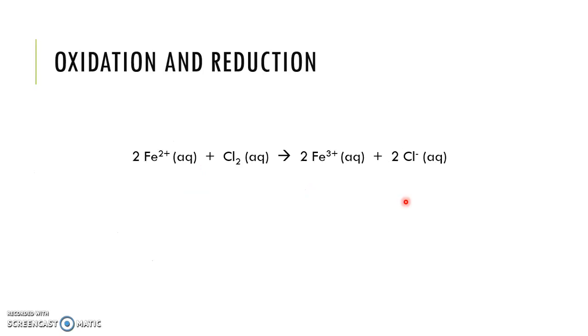This is another example to identify which substance has undergone oxidation and which has undergone reduction. Again, you must first assign the oxidation number. For iron, it's +2.